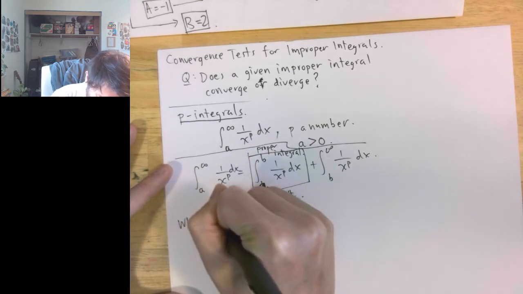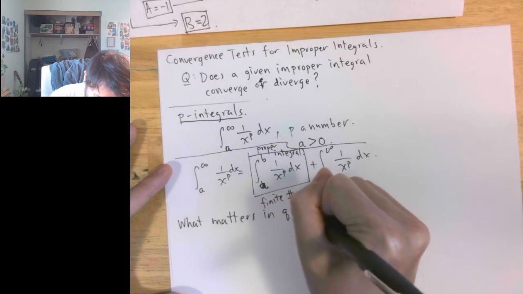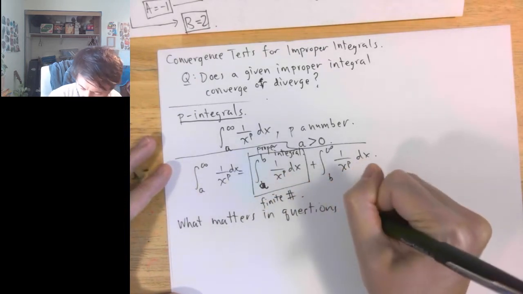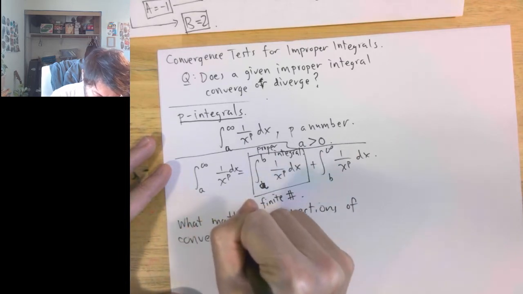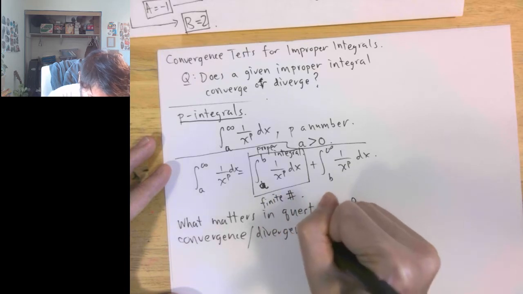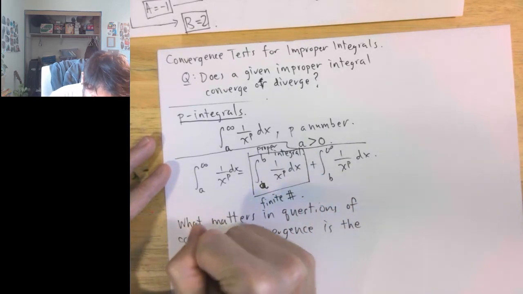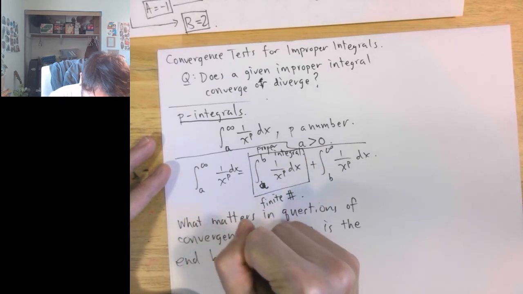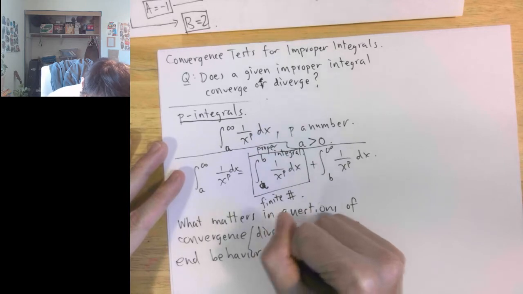What matters in questions of convergence/divergence is the end behavior of the integrand.